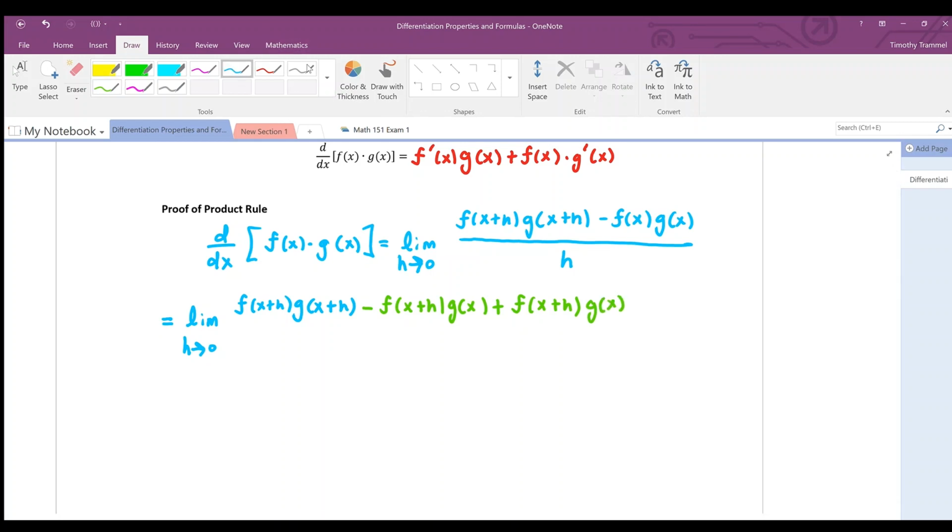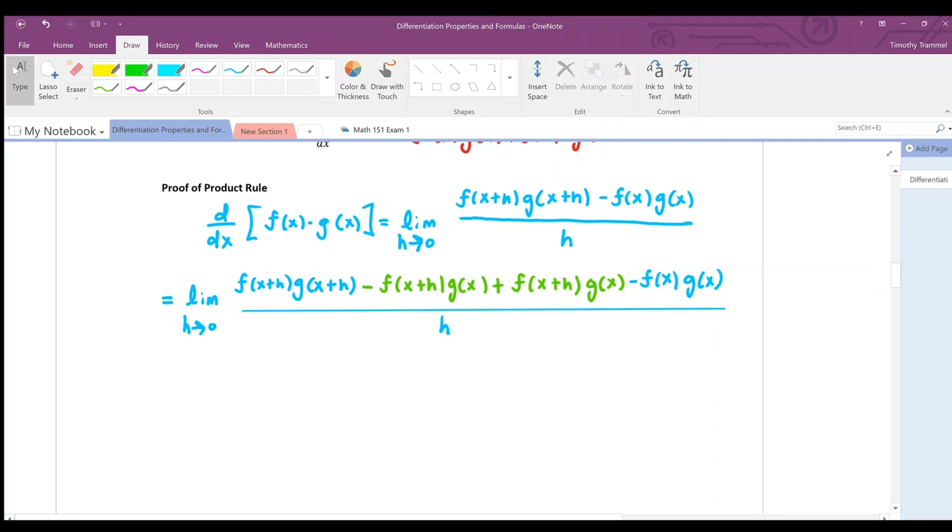And then we have our minus f of x times g of x, and then this is all over h. And that part that I've included there in green is technically 0. I've subtracted and added the same thing. So we've made this look different, but it's not equal to anything different.